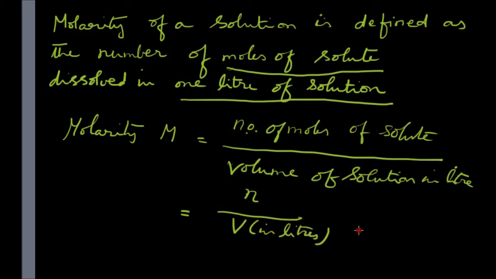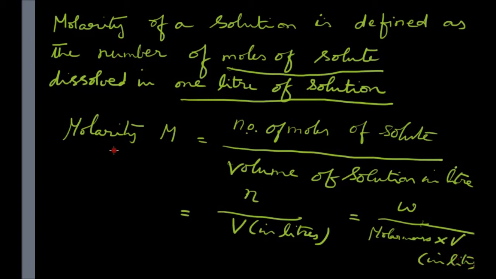And you know n is obtained by dividing mass by molar mass, isn't it? So M equals mass divided by molar mass into V in liters. This is the simple formula you can use for calculating molarity.